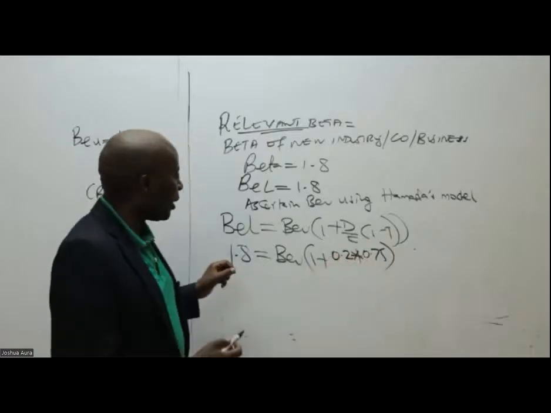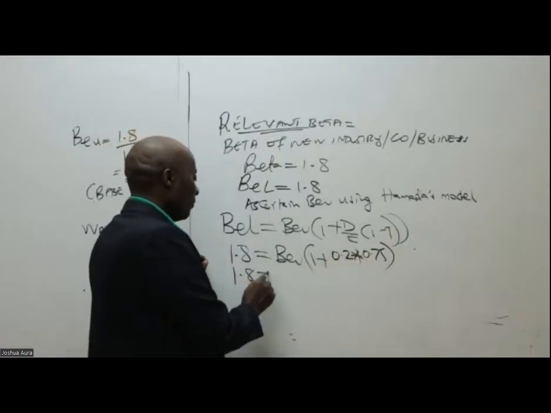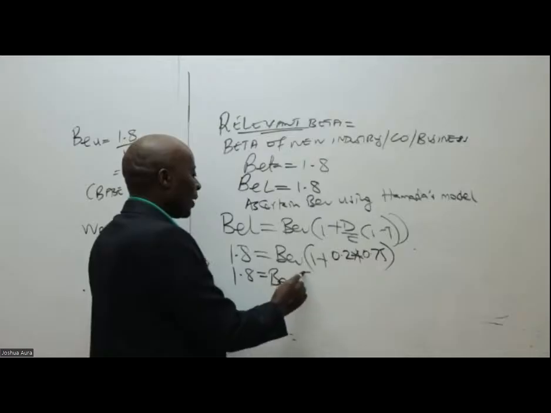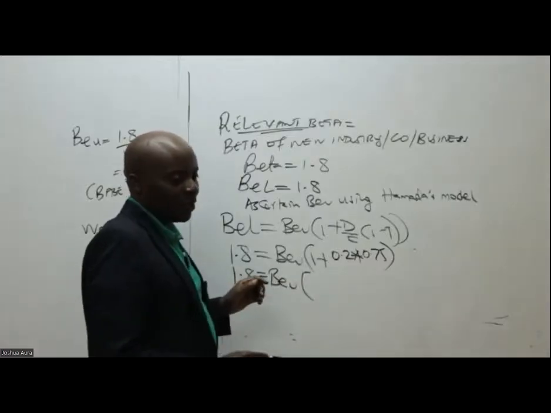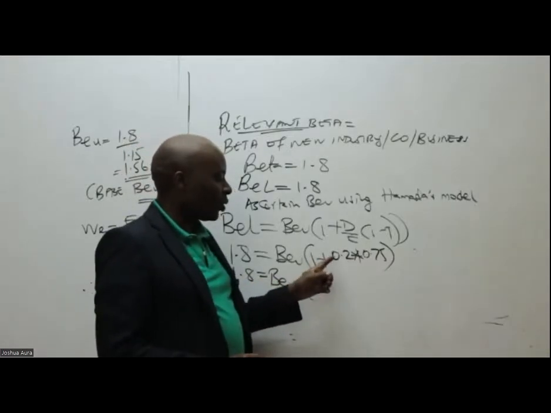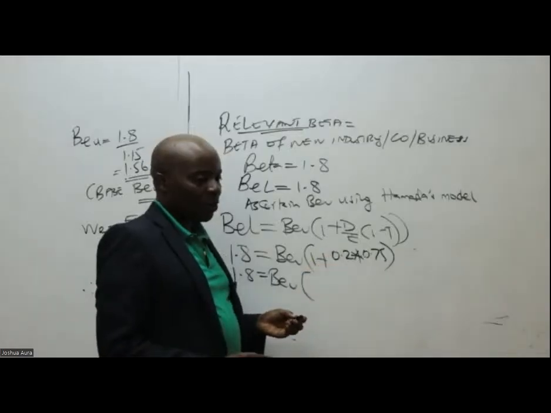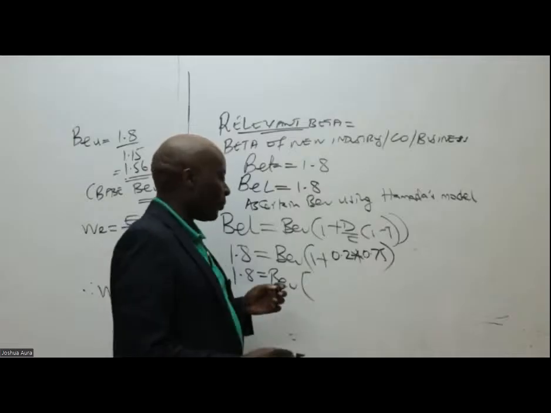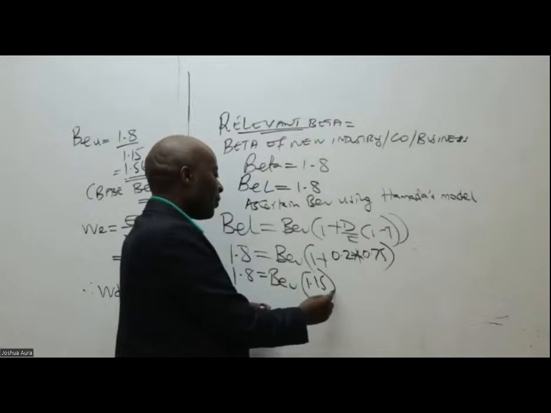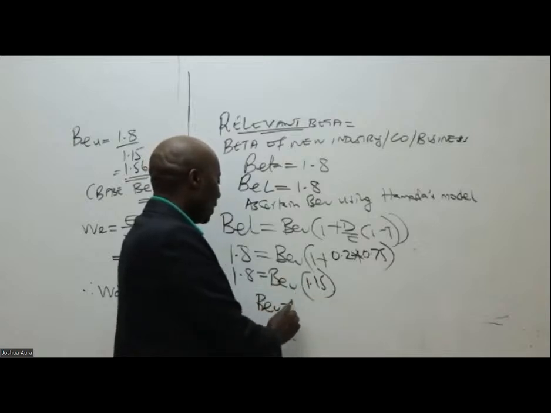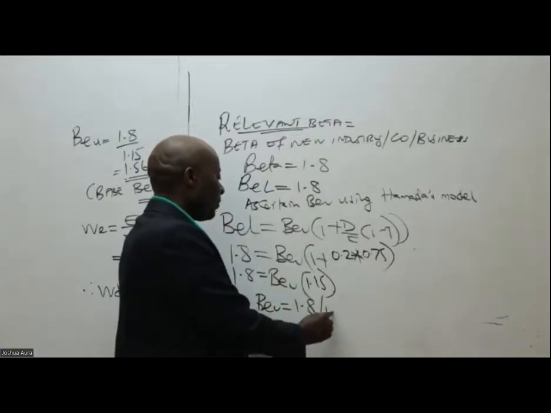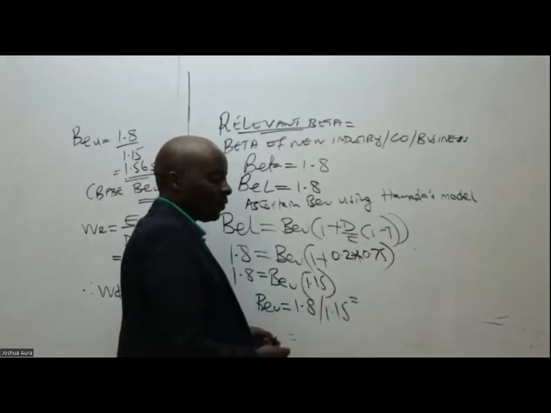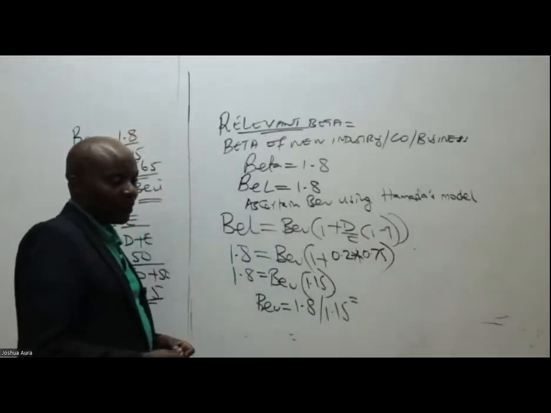So could you kindly give me what we have in brackets? 1 plus this times that. What do we have in brackets? 1.15. So if I make BEU the subject, it will be 1.8 divided by 1.15, which gives me the same answer as the one that you had obtained.